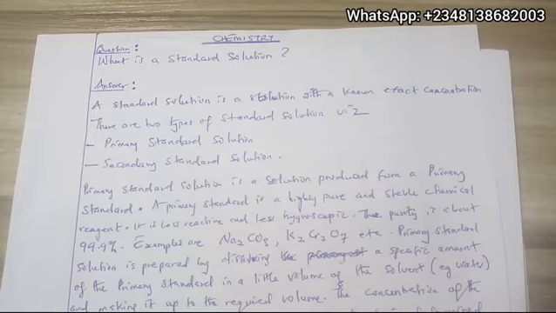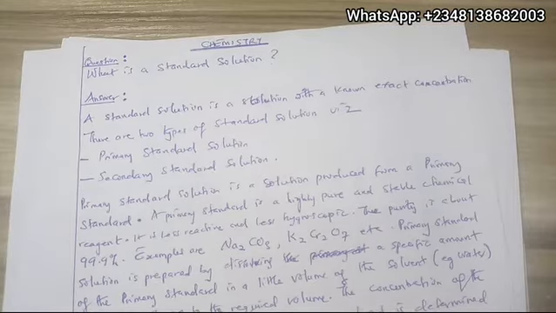Now, primary standards are actually used to standardize a given solution. What it means is this: by standardization, a primary standard can be used to determine the concentration of other solutions.